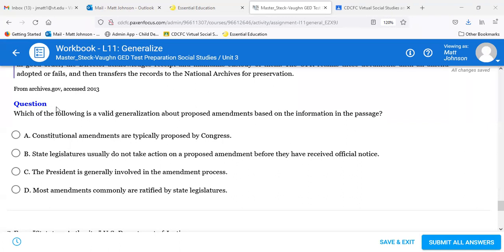A. Constitutional amendments are typically proposed by Congress. B. State legislatures usually do not take action on a proposed amendment before they have received official notice. C. The president is generally involved in the amendment process. D. Most amendments are commonly ratified by the state legislatures.